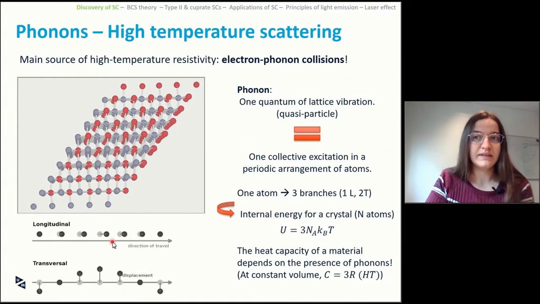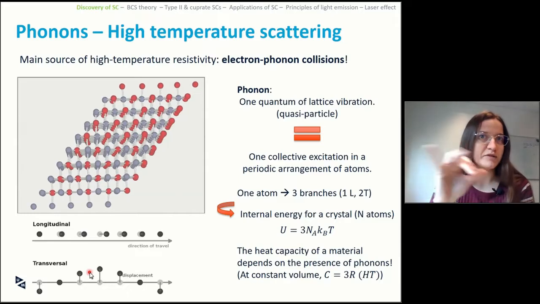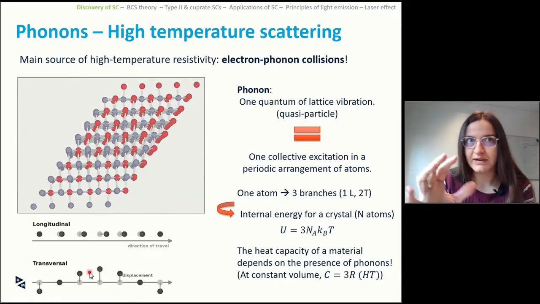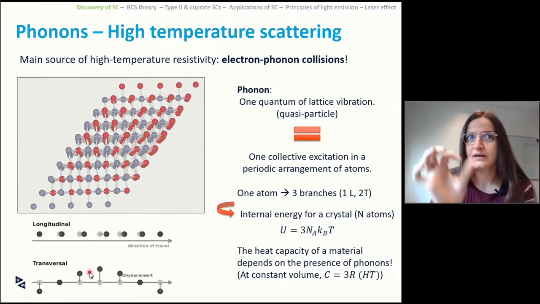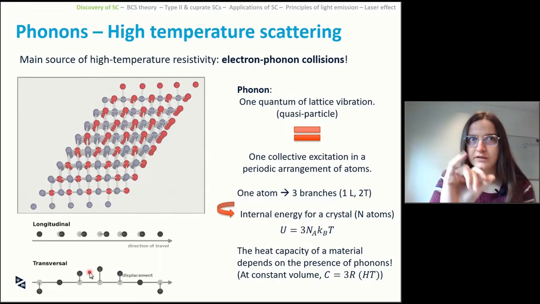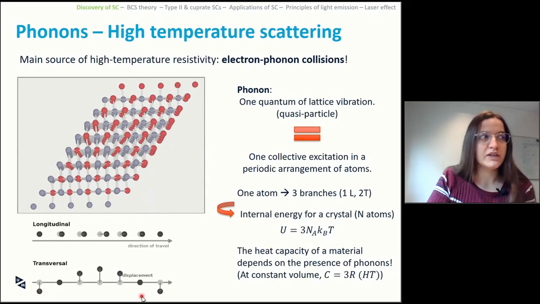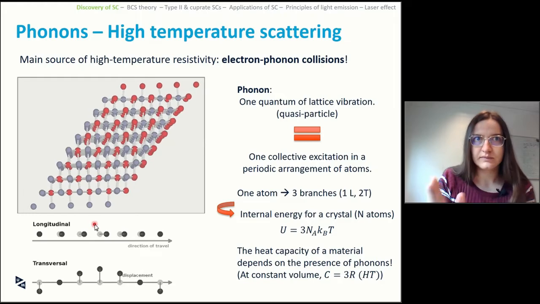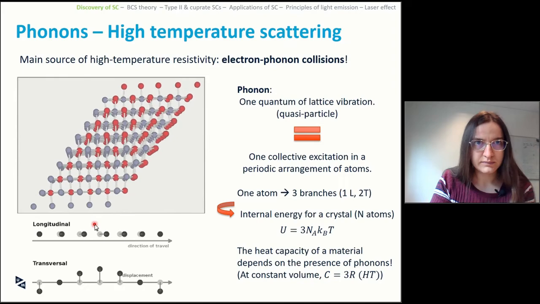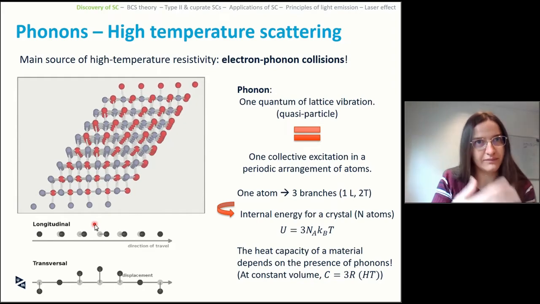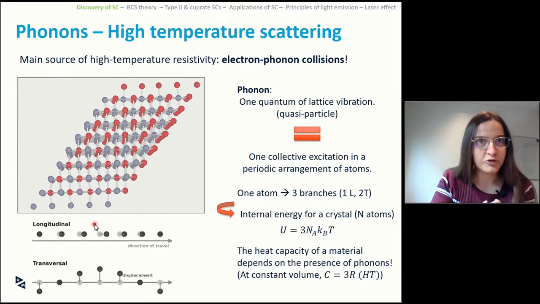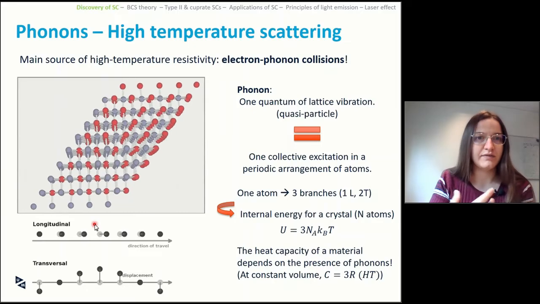So this is sort of like an elastic, like oscillating a spring, and you can imagine your bond as the spring and your atoms as the weight on the side of the spring. And they tend to have either longitudinal or transversal direction, so they're just oscillations. But since they are quantized, they are also quasi-particles, so they're a quantum of lattice vibration.